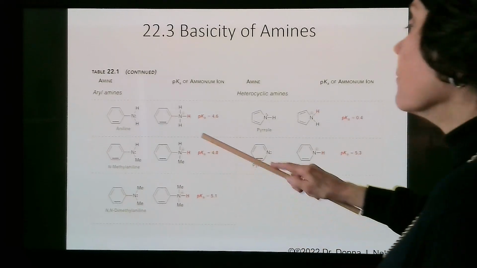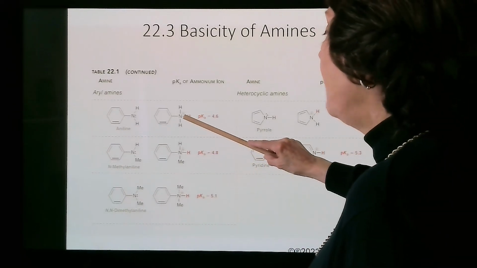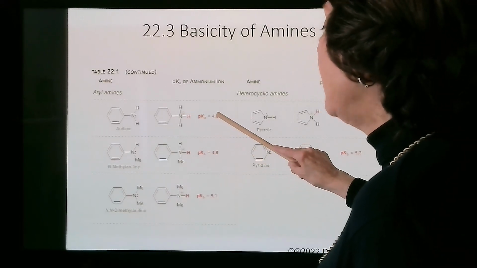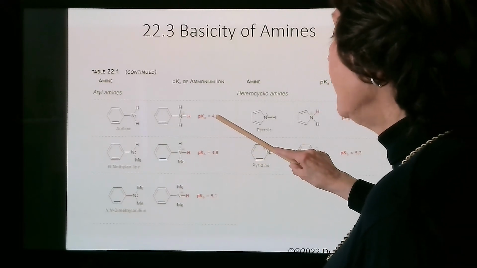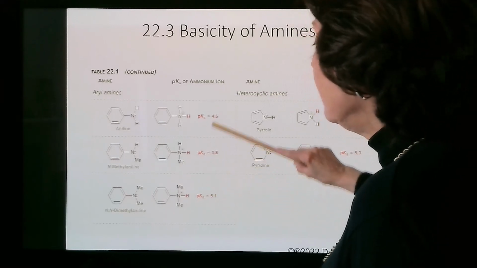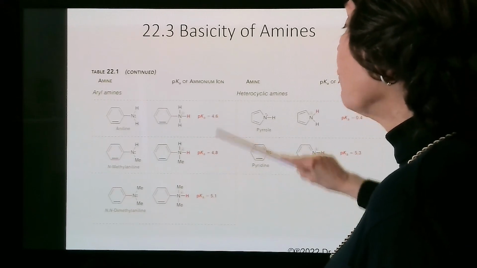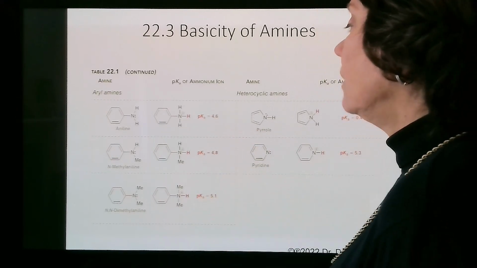And so this protonated amine is going to be much more acidic. The pKa for these is close to 5, 4.5 to 5.